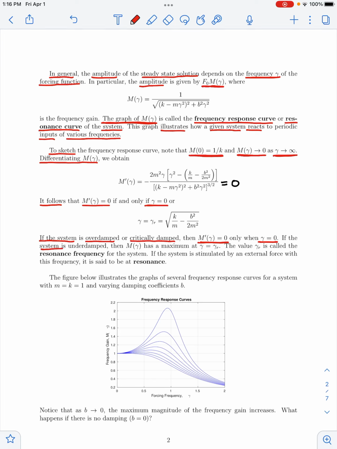And if this system is underdamped, then m of gamma has a maximum at this gamma r expression.